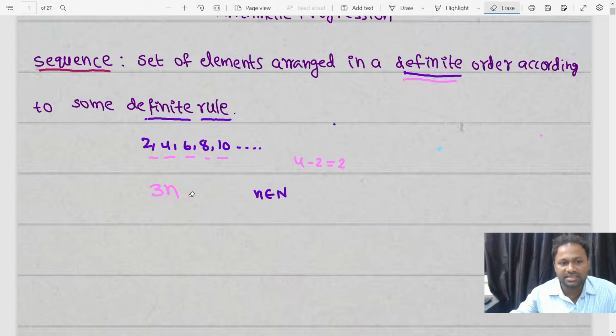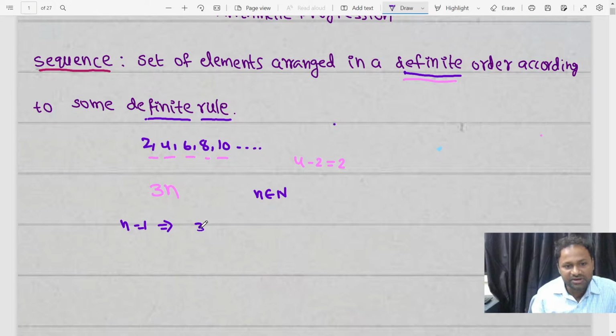So in this, n is equal to 1, then we can write 3 into 1, which is 3. Take n is equal to 2, then 3 into 2, 3 twos are 6. n is equal to 3, then 3 into 3 is equal to 9.